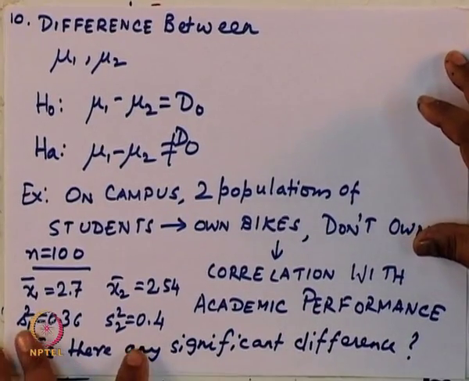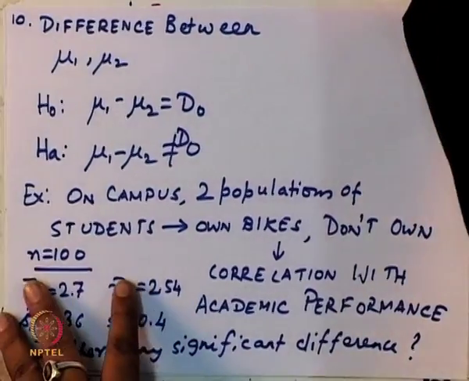So for addressing this, you just want to know whether there is a difference in their academic performance or not, which means that in this particular case, in this example, we want to choose d naught equal to 0.